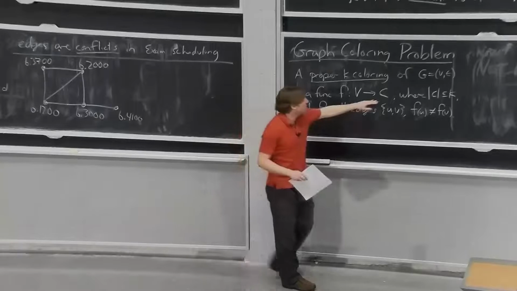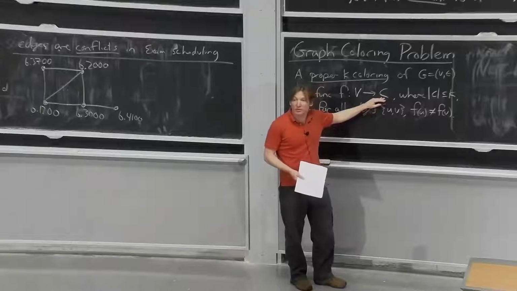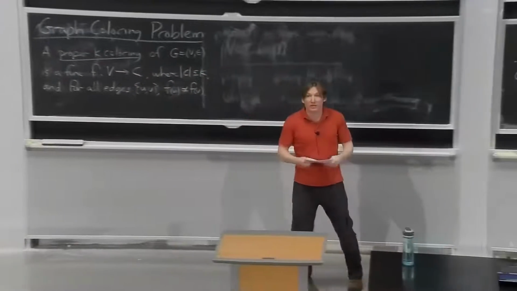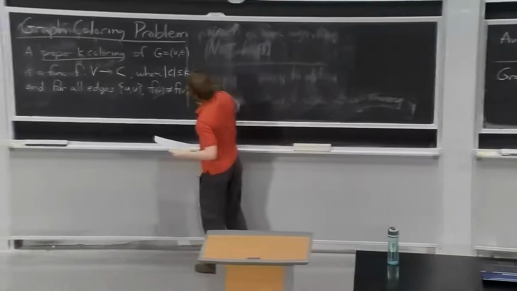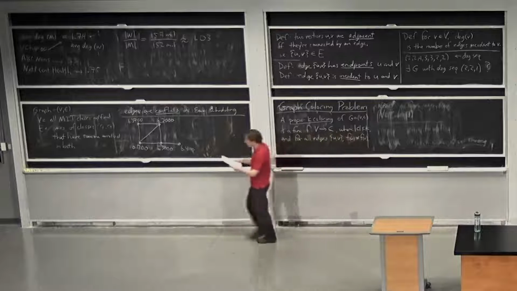It's an assignment of a color to every vertex from a possible choice of K different colors, where the 2 endpoints of every edge are assigned different colors. And as an example, let's try to color this graph.